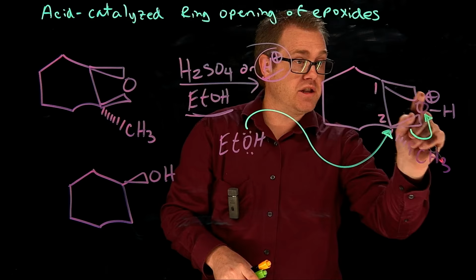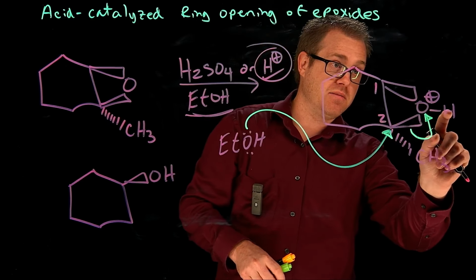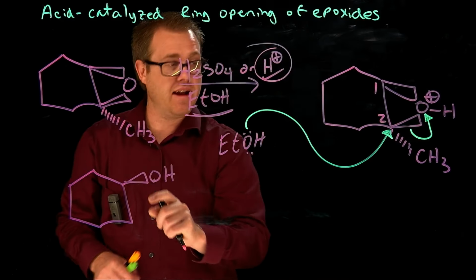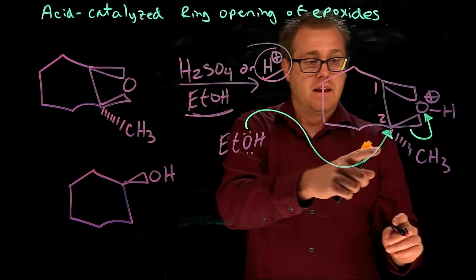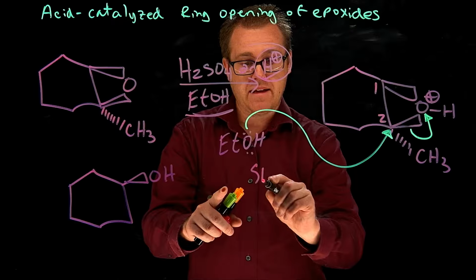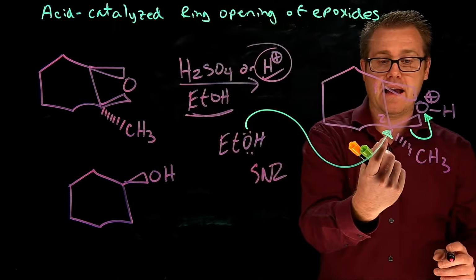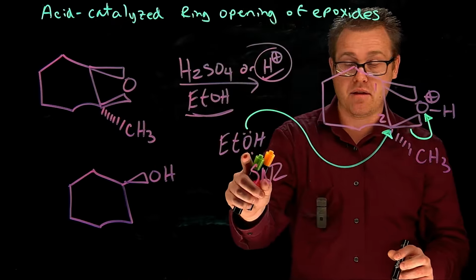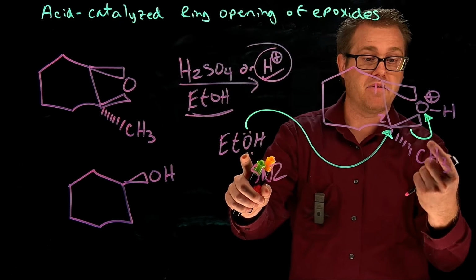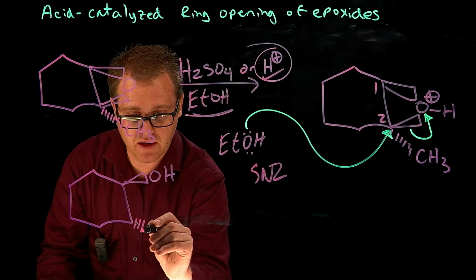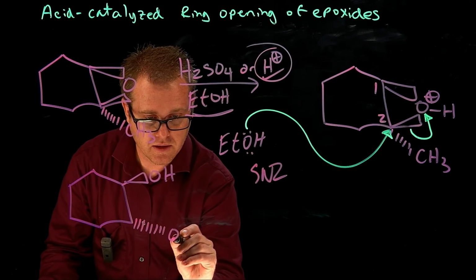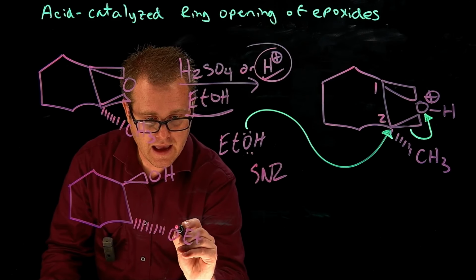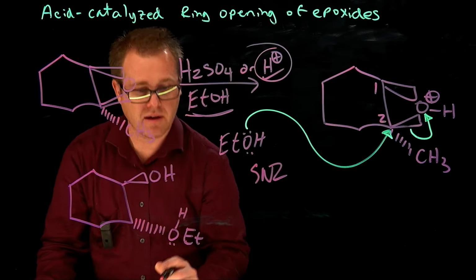And that wedge is bonded to that oxygen, and that oxygen is bonded to that hydrogen. So that's there. Now we're invoking an SN2 here, and so that means that the ethanol is coming from the back side. So that means that's going to come in like this. And it has the hydrogen right there.